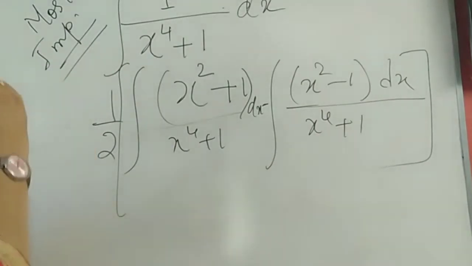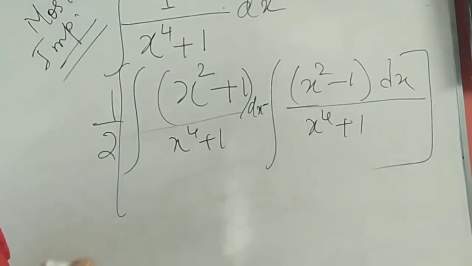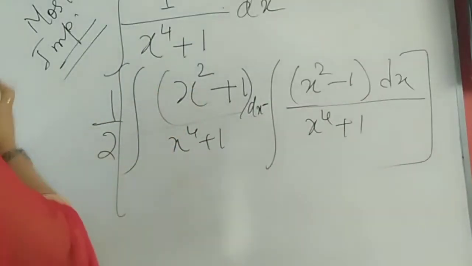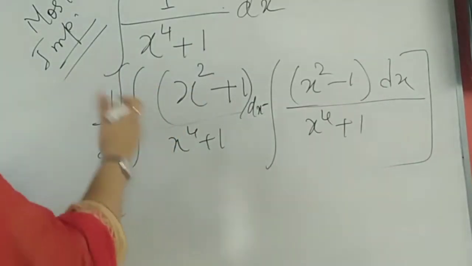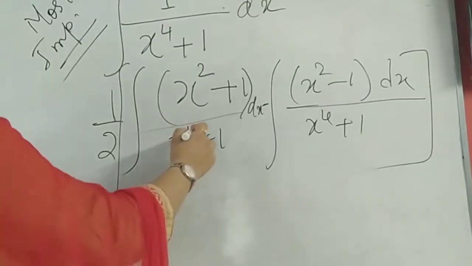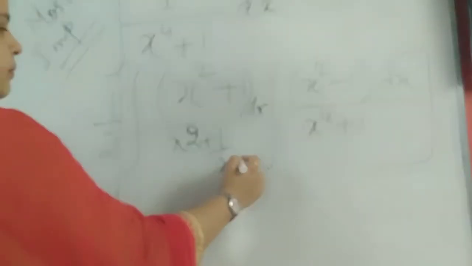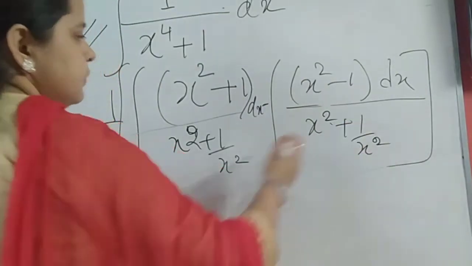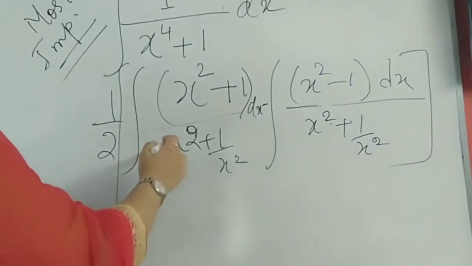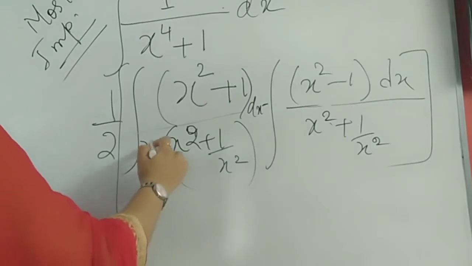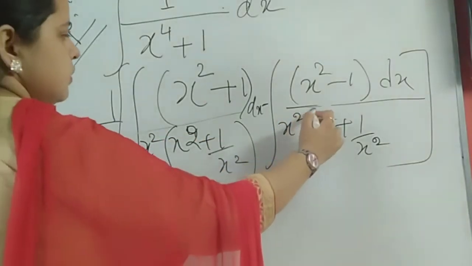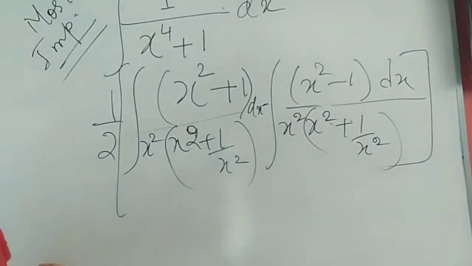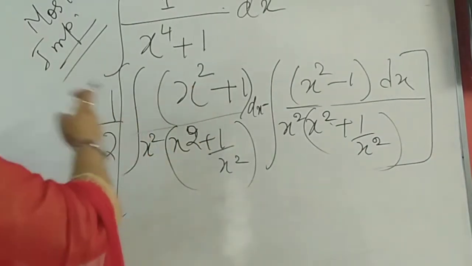How the entire thing is going to turn up then? Imagine an x square is extracted from the numerator, same is from the denominator. It will become, the denominators are going to become like this. Like this. Here x square is common.